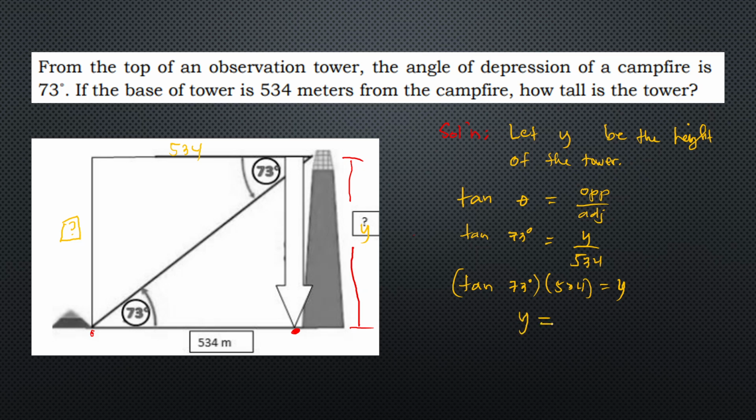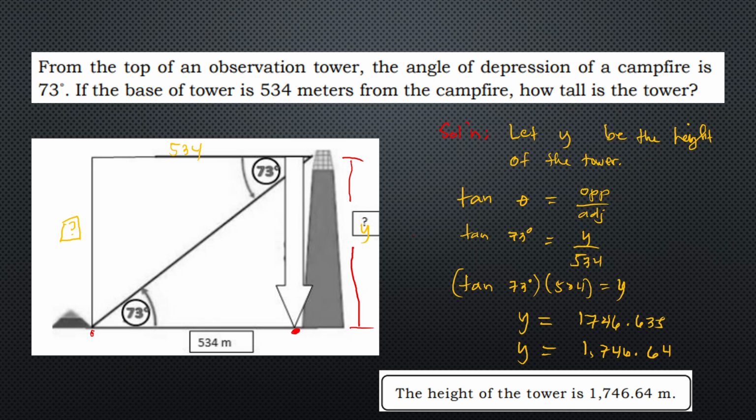And that is just equal to, how much is that? 1,746, I'm not sure. Tangent 73 is 0.635 roughly. And then round to two decimal places. We have 1,746.64. Hence, the tower is 1,746.64 meters high. Okay?